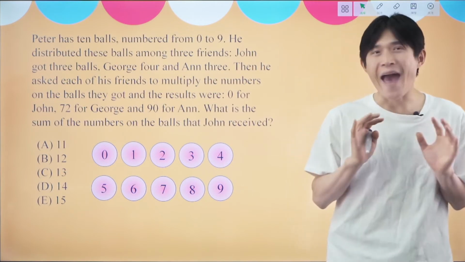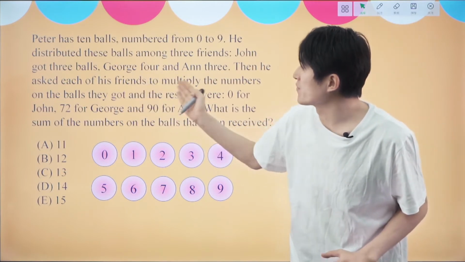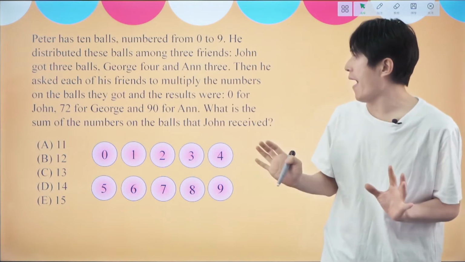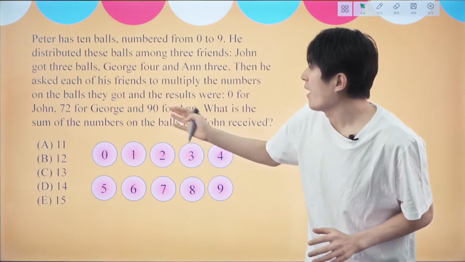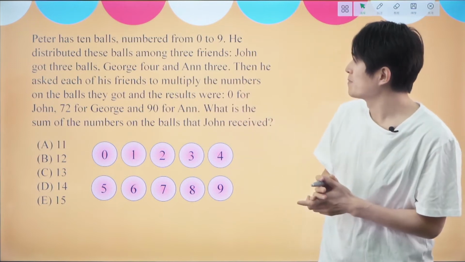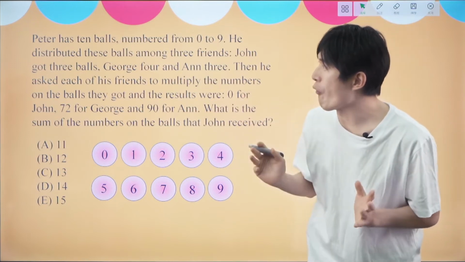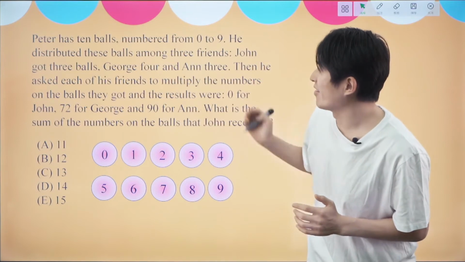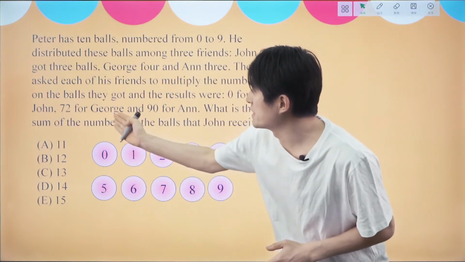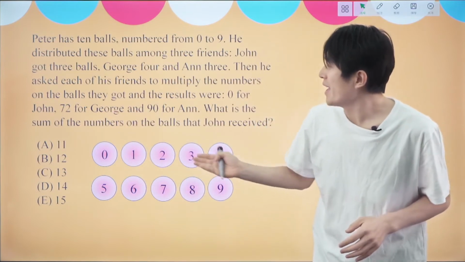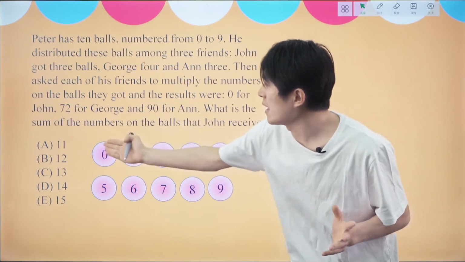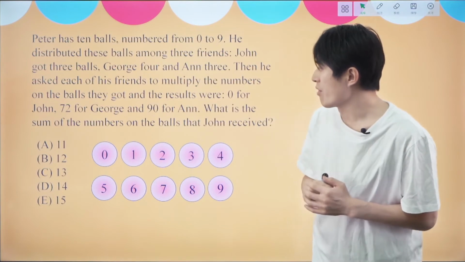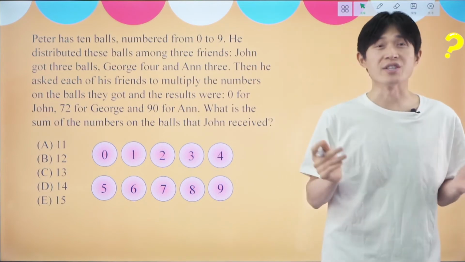Then he asked each of his friends to multiply the numbers on the balls they got, and the results were 0 for John, 72 for George, and 90 for Anne. So what is the sum of the numbers on the balls that John received?